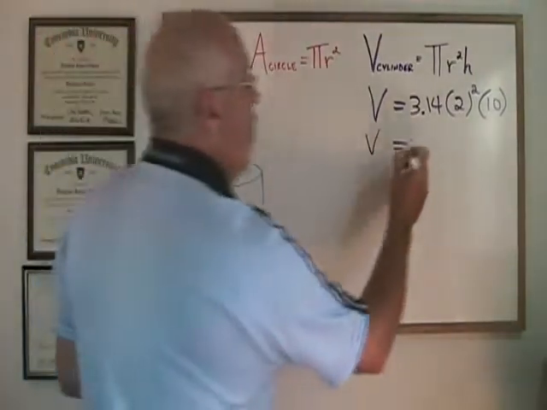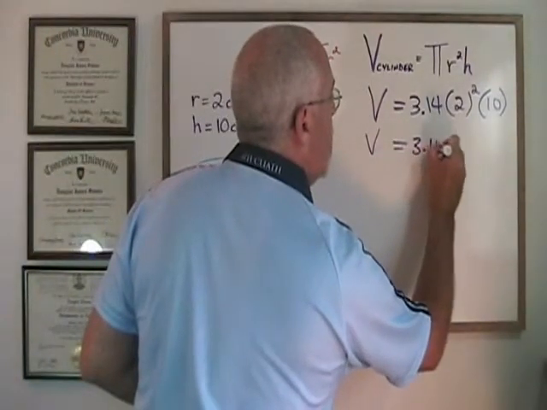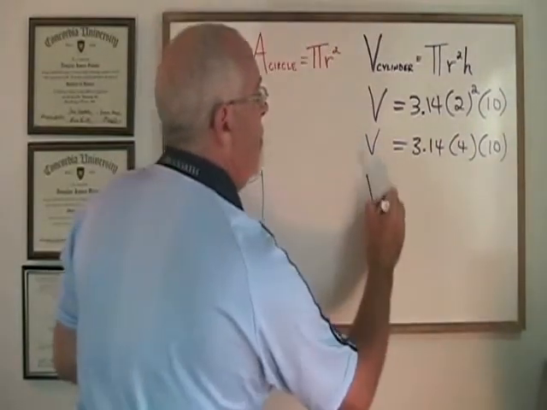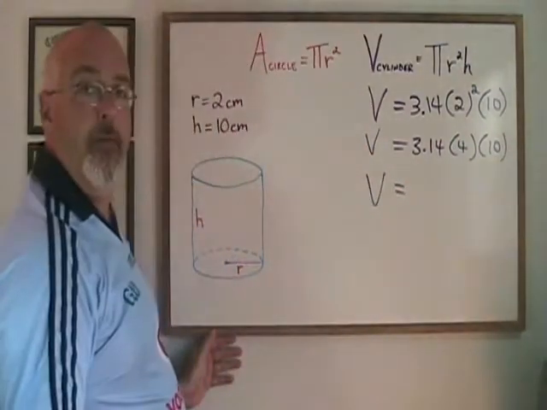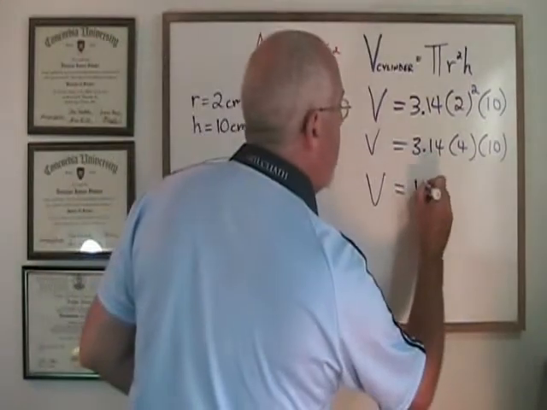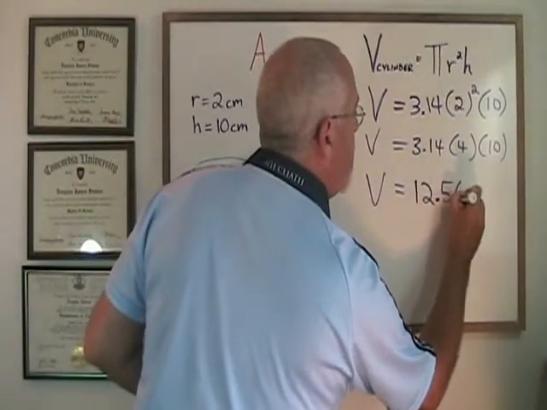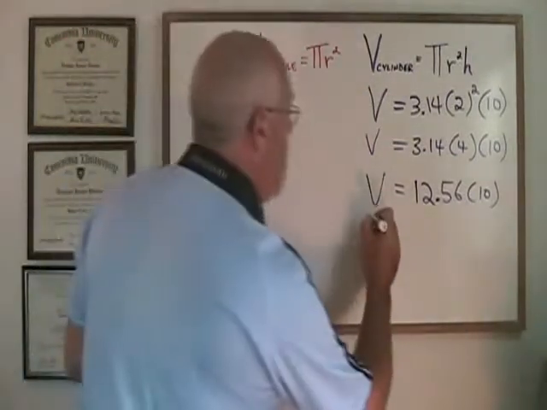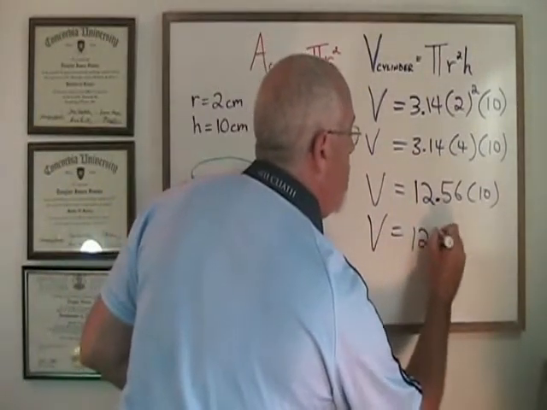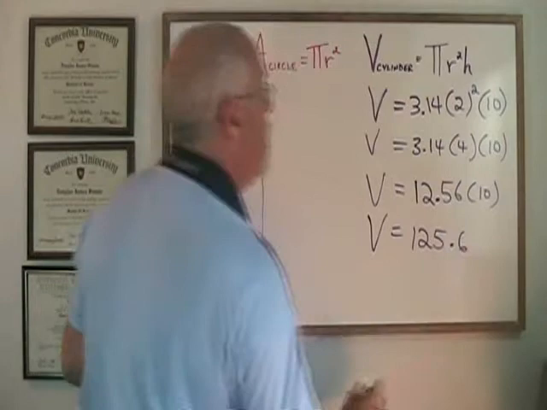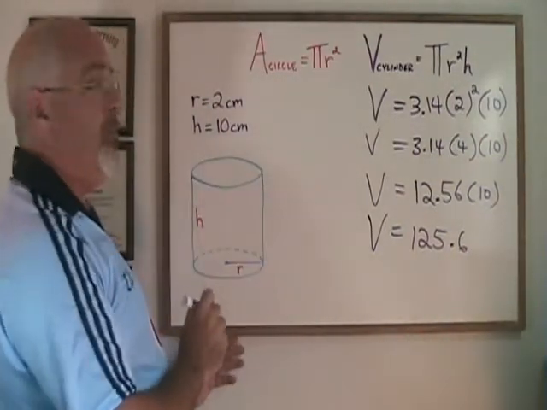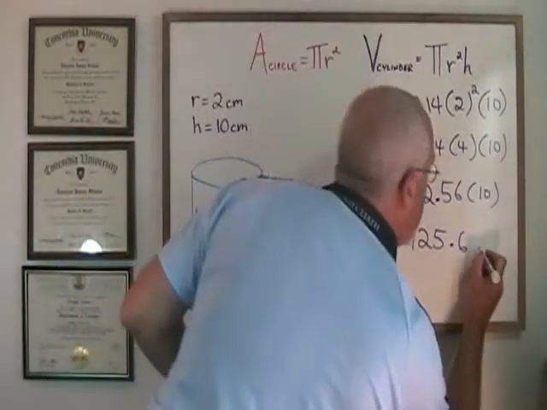Two squared is 4. 3.14 times 4 is 12.56. And of course 12.56 times 10 is 125.6. The unit for distance was centimeters, so the unit for volume will be centimeters cubed.